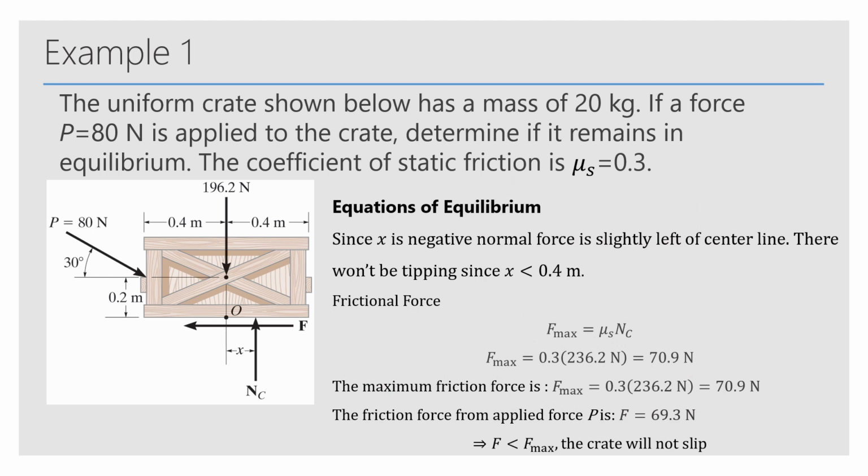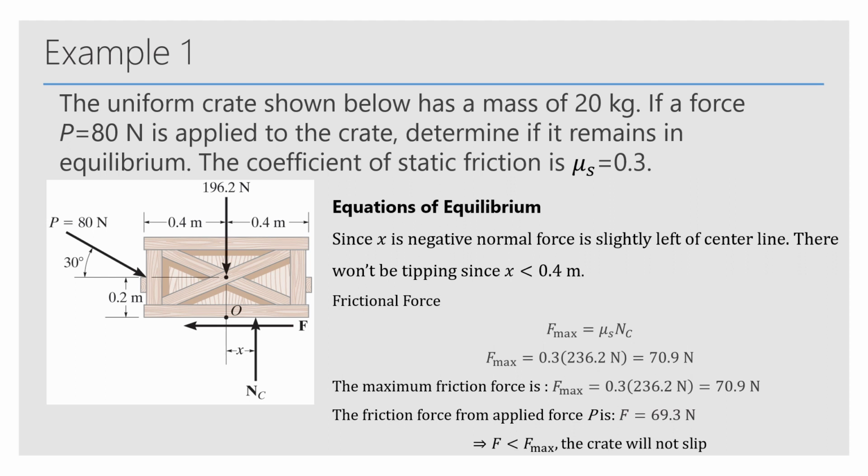From that negative 9.08 millimeters, we know that it's acting on the left of the crate and not the right of the crate. So it's the left of the center line. And then we know that there won't be any tipping, since that 9.08 millimeters is a lot less than 0.4, right? It's not equal to that, it's a lot less than that. So the object won't be tipping.